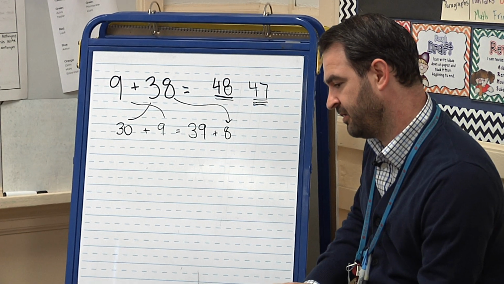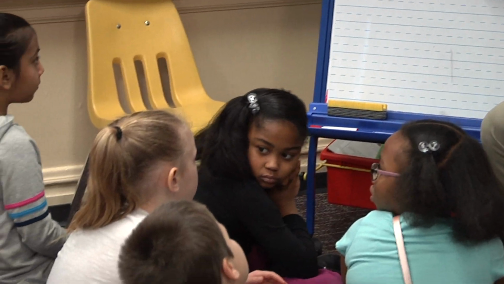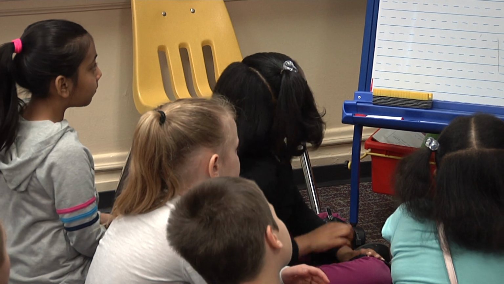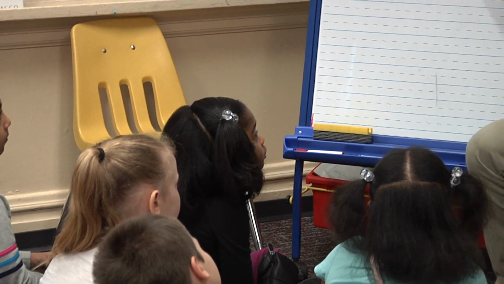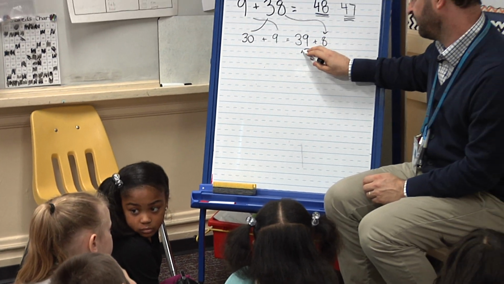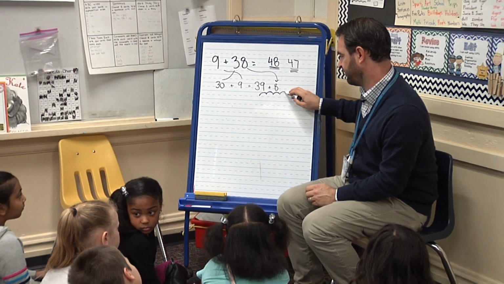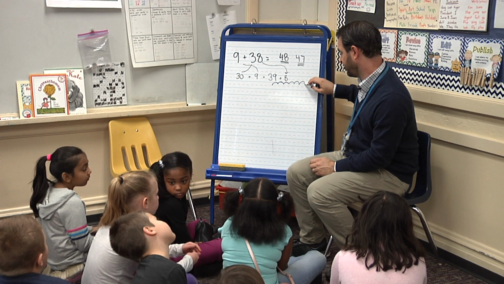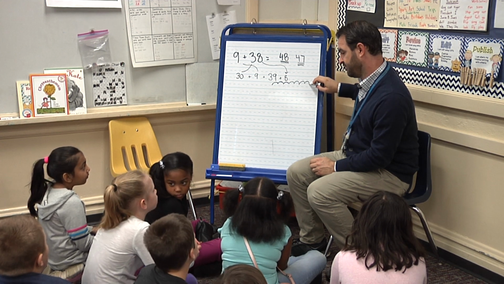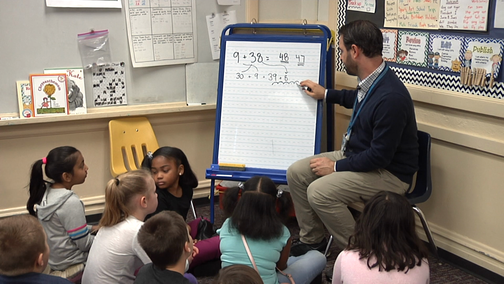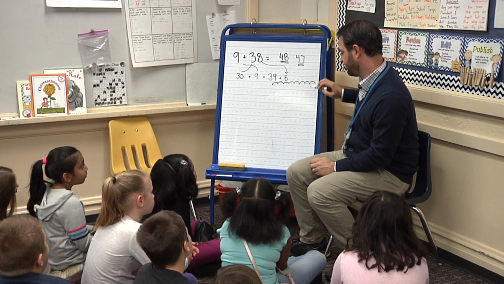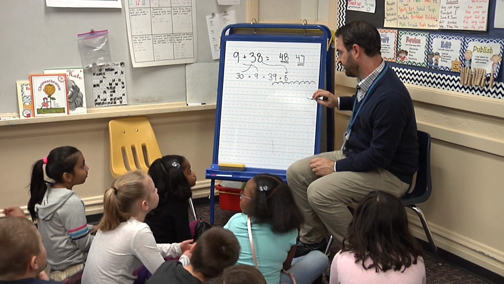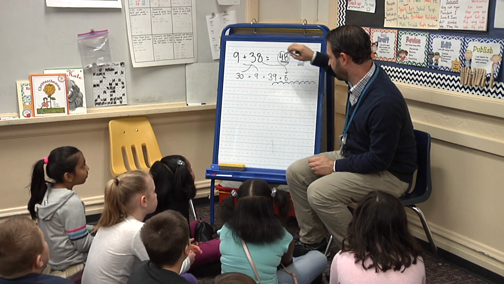Can you do it for me? 39, 40, 40 plus 10. 39, 40, 41, 42, 43, 45, 46. So that's 1, 2, 3, 4, 5, 6, 7, 8. So that gets you to 47 or 48? Okay, so Savannah thinks it's 48.